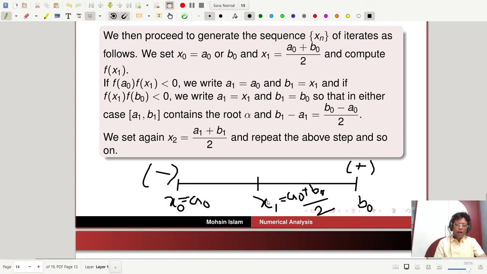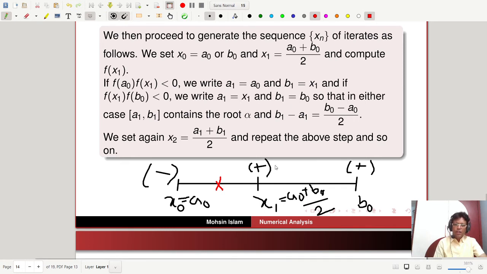If the value at x1 is positive, then the root lies between a0 and x1, that is between a0 and (a0 + b0)/2. Here is the root alpha, because there is a change of sign.